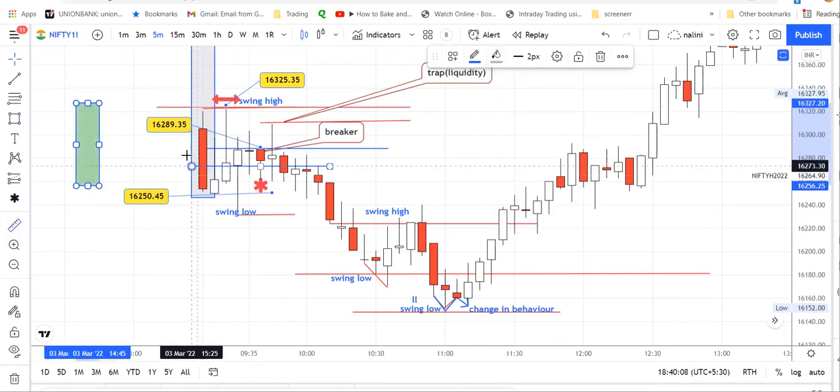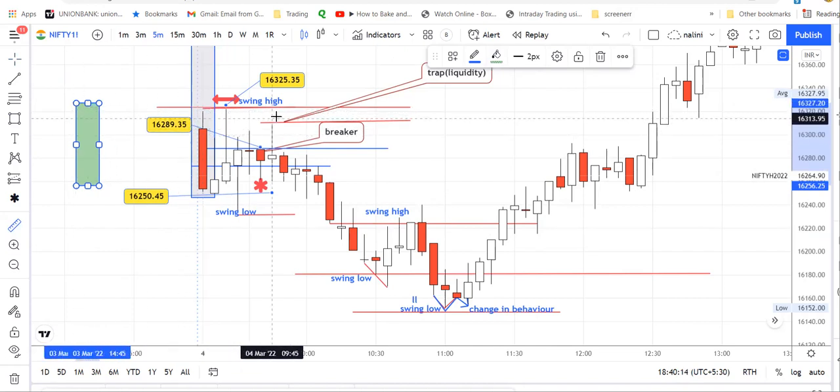So seeing it is a higher high, immediately you will think, yeah, I should go long. It may cover the gap because it was a gap down.